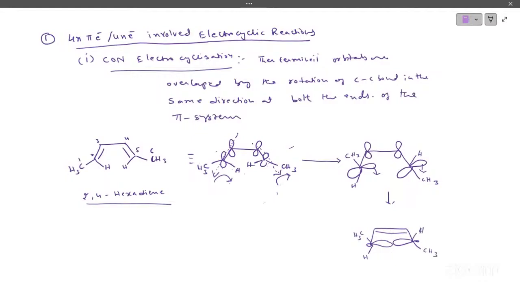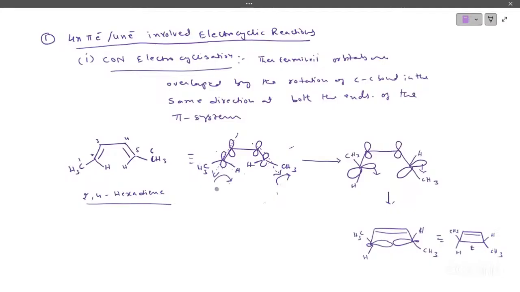Whenever we are representing the complete structure, this is the methyl group above the plane, hydrogen here above the plane, hydrogen, and methyl group below the plane. Now look at here, the two methyl groups are trans to each other.